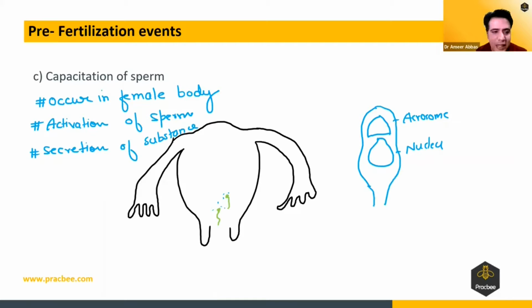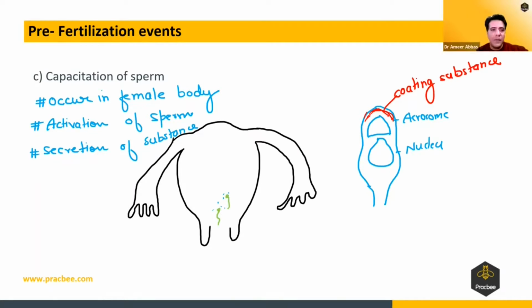There is some coating substance over this acrosome that can prevent fertilization. So the removal of this coating substance is necessary. Otherwise, how will it secrete hyaluronidase, neuraminidase, and zonalysin? What is the other name of zonalysin? Acrosin. Remember this. Clear?